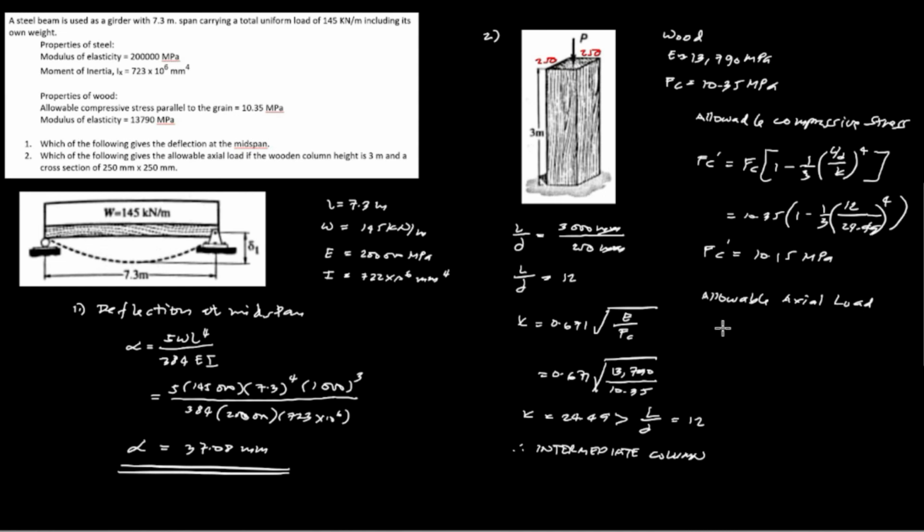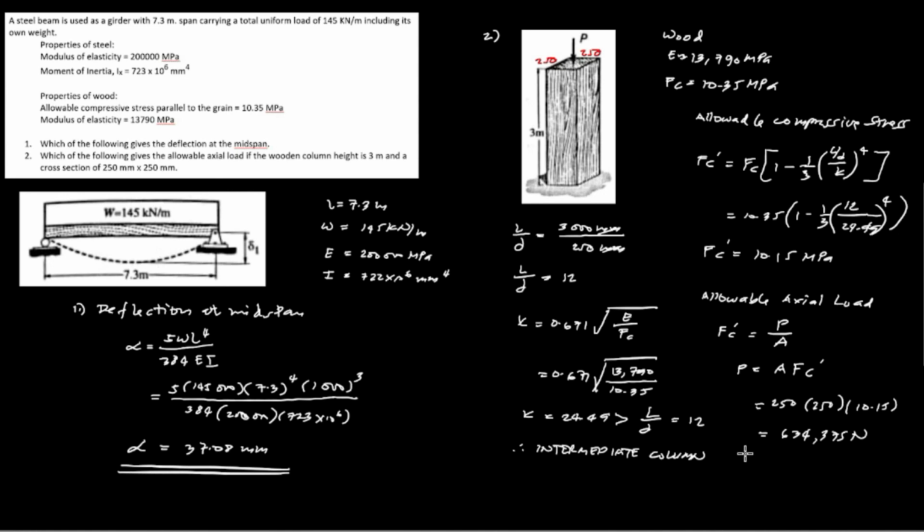or P, so F sub C prime is equal to P over A, and to find P, that's A times F sub C prime, and the cross section of the column is 250 by 250, and F sub C prime is 10.15, and the value for P is 634,375, and it is in Newton.